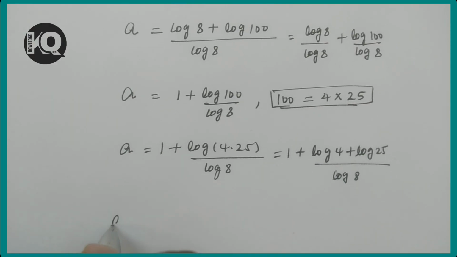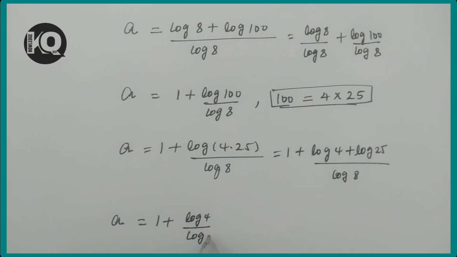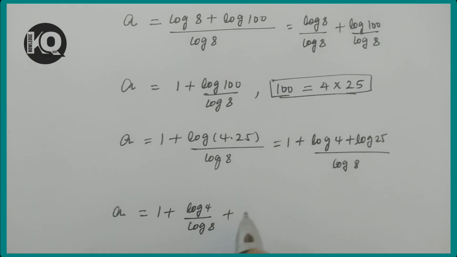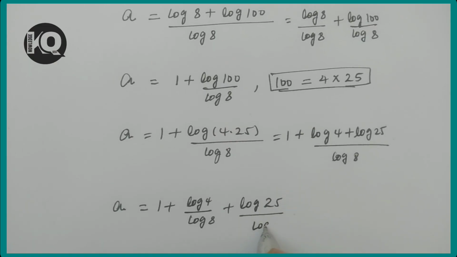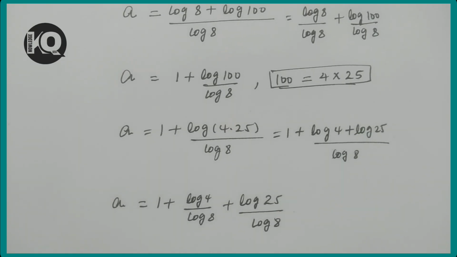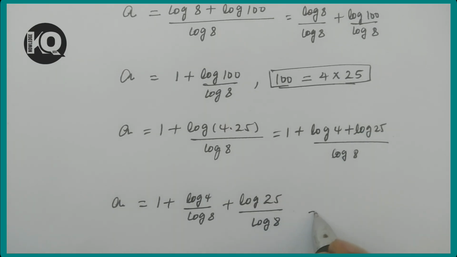So a will be 1 plus log of 4 divided by log of 8 plus log of 25 divided by log of 8. Let's simplify each term.